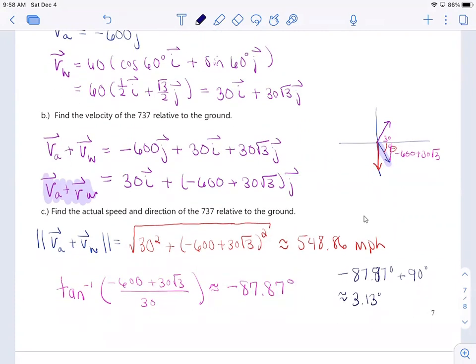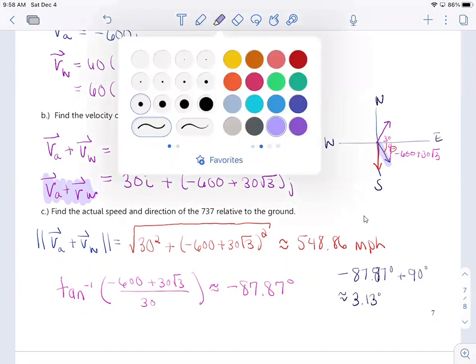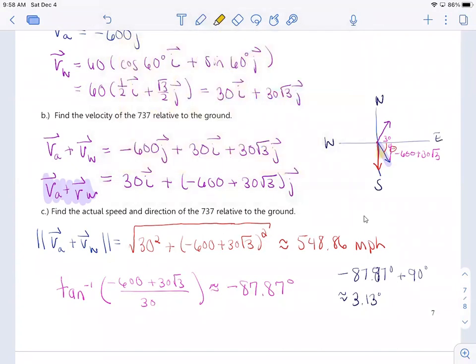Okay, so again, with bearing, it's always in terms of your north and south lines first. Well, since this bearing, I'm going to color it yellow if you can see that, is attached to my south, it's going to be south 3.13 degrees, and it's headed east.